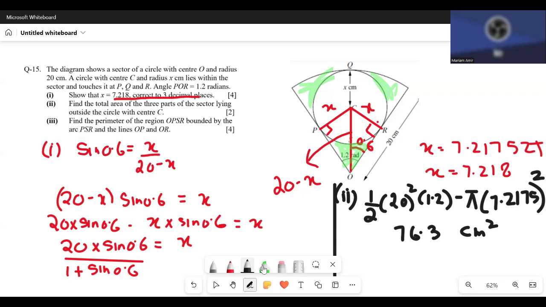Part 3, find the perimeter of the region OPSR, bounded by arc PSR and the lines OP and OR.